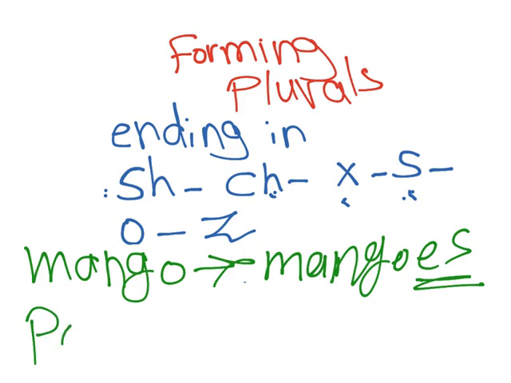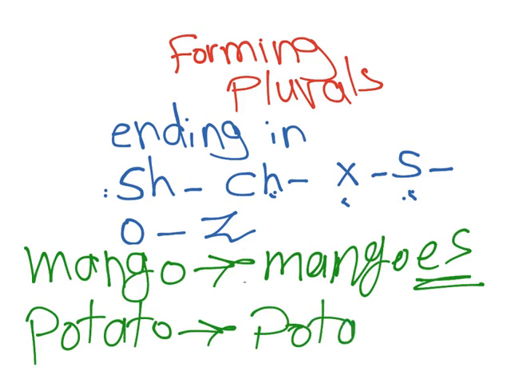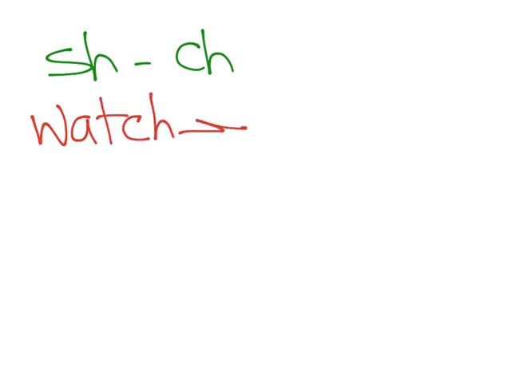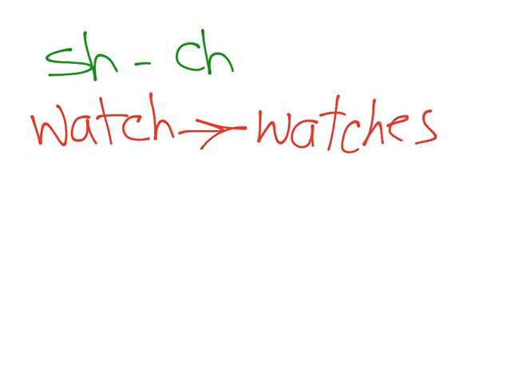Also, like potato, potato becomes potatoes. These are all ending in O. Okay, what about SH or CH? We have watch becomes watches. Do you notice how I'm pronouncing these words?